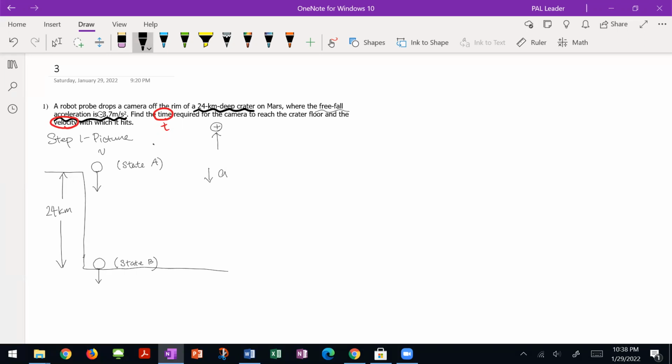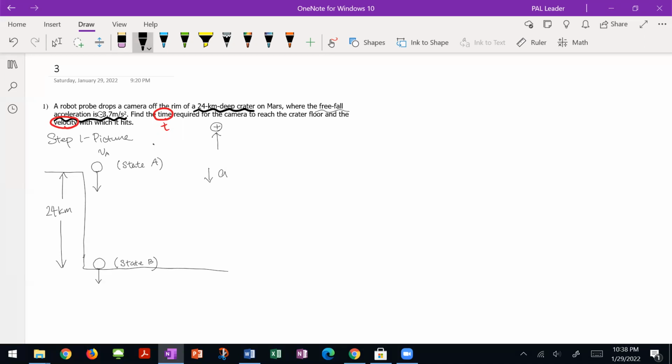We can assign a velocity at state A, but maybe you can tell, this initial velocity at state A is going to be 0, right? Because it's a free fall, it's just falling down. When you drop a ball, right when you drop it, it's starting with no velocity.